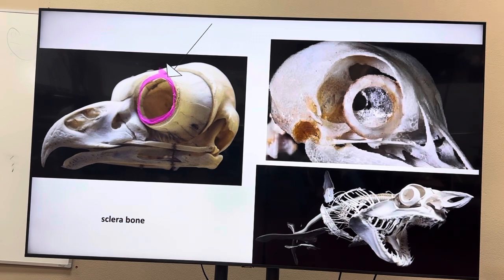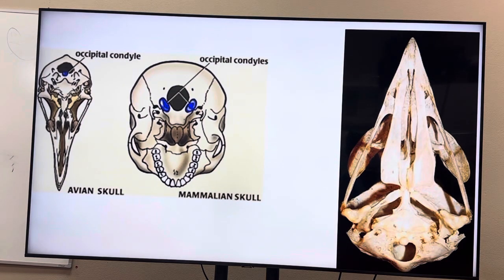In addition to these attachments, this also provides protection as it prevents external pressure on the eyeball, and it accommodates the cornea of the eye. So this structure is absent in mammals.